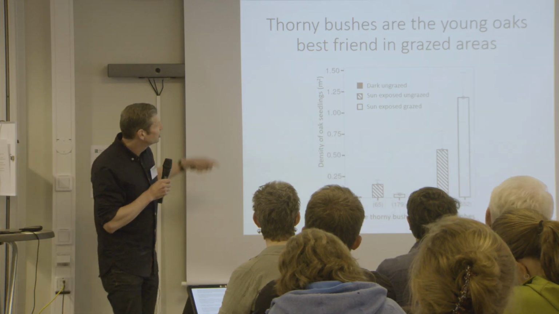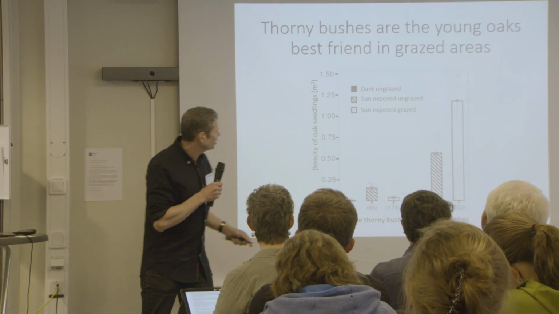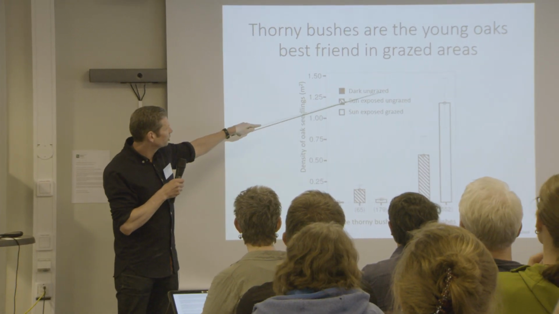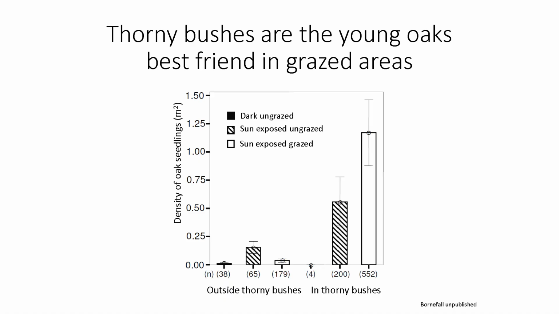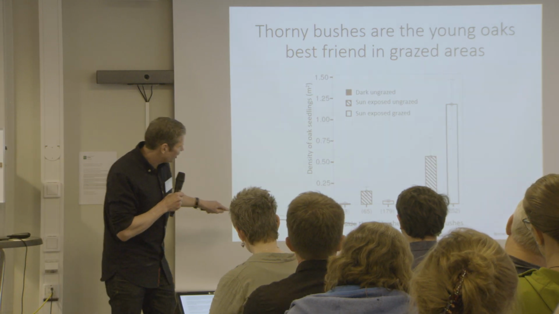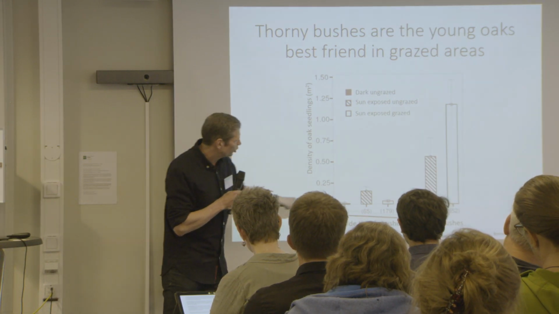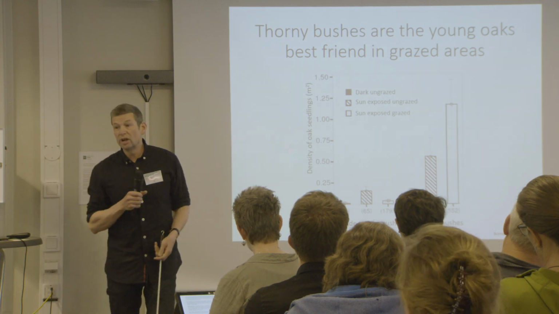We made some really interesting studies around the oak seedling density in different types of oak areas. This is a dark, ungrazed area full of second growth. And as you can see here, the number of oak seedlings is very low, both outside thorny bushes and in thorny bushes. In dark areas, we have no oak regeneration at all.